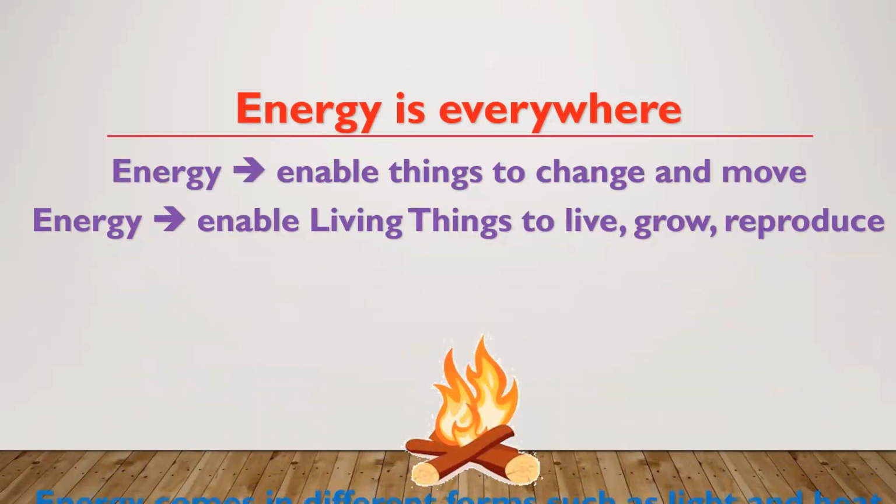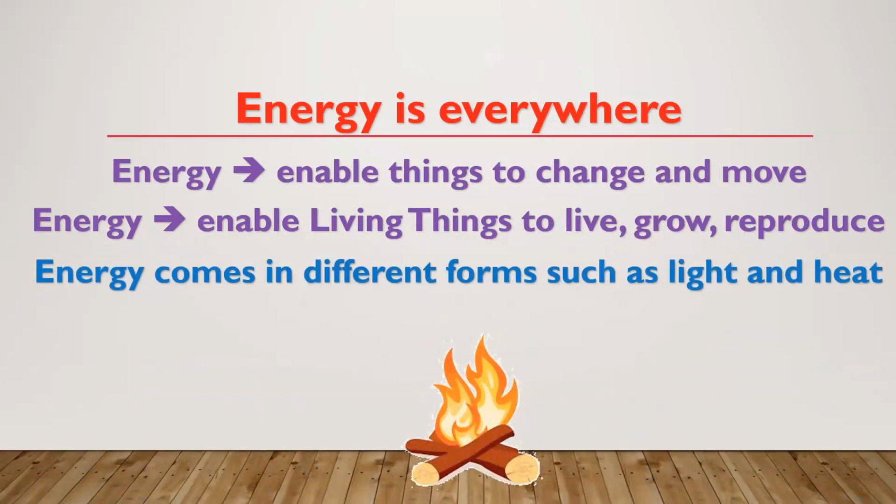Non-living things such as cars and buses need energy to move. Energy comes in different forms such as light and heat. Light makes a place bright, while heat makes a place warm. Today, let's find out more about light and heat.